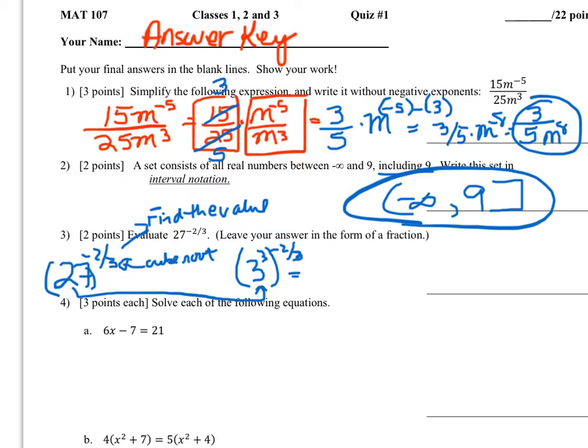So all you need to remember here is, when you have a power raised to a power, you multiply your powers. You keep your base the same, and you multiply your powers, where your two powers are 3 times negative 2 over 3. And the 3's will cancel, so you're left with 3 to the negative 2.